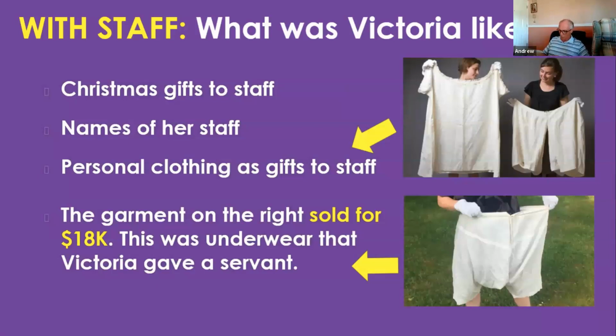One of them sold recently for $18,000, and they've got the little VR on them to show the little labeling VR on each of the garments. And of course, the garments also give you a sense of the size of Victoria. These are probably from later on in her life, but they do speak to the fact that this is a woman who truly, truly loves her food.